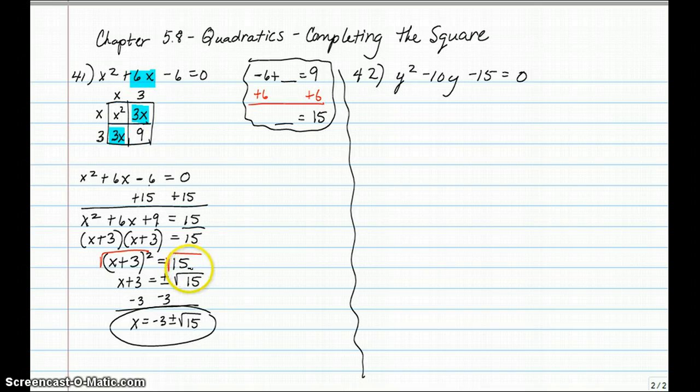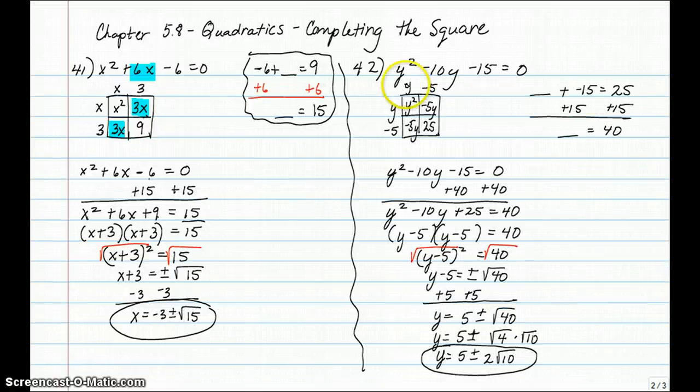When you do that, you end up with plus or minus the square root of 15. And so you're still not quite finished because you haven't isolated the x. So you isolate the x by subtracting 3 from both sides. So x equals negative 3 plus or minus the square root of 15. Once again, this is a lot faster, many times, than using the quadratic formula, although the quadratic formula always works, so you can use that.